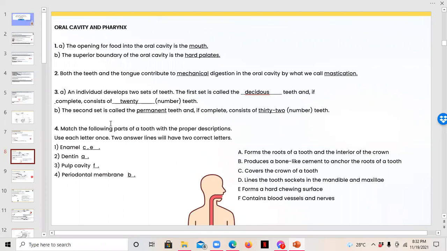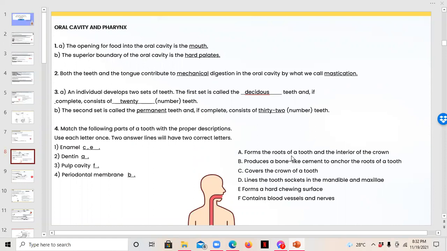Number 4. Match the following parts of a tooth with the proper descriptions. Number 1. Enamel. The answers are letter C, covers the crown of a tooth, and letter E, forms a hard chewing surface. And also the dentine, letter A, forms the roots of a tooth and the interior of the crown.